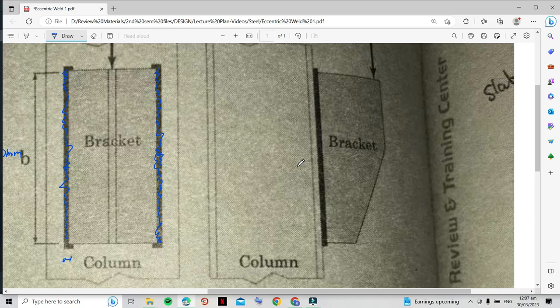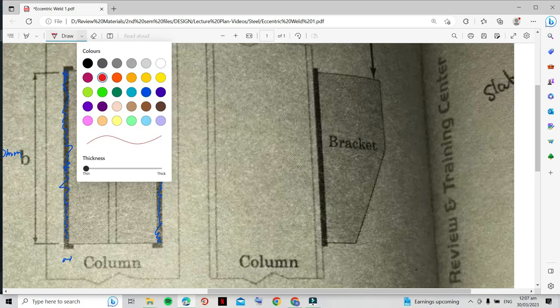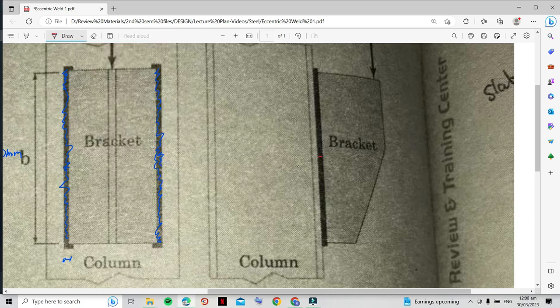Our centroid, the CG or center of gravity, will be at the center, acting here. The farthest point from the center of gravity is this point, so the resultant force will be acting at this point.